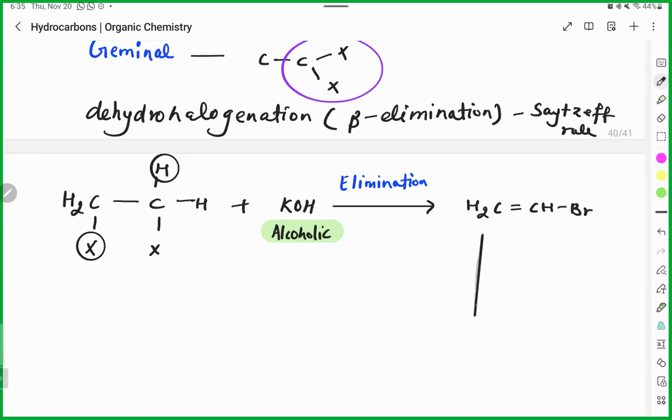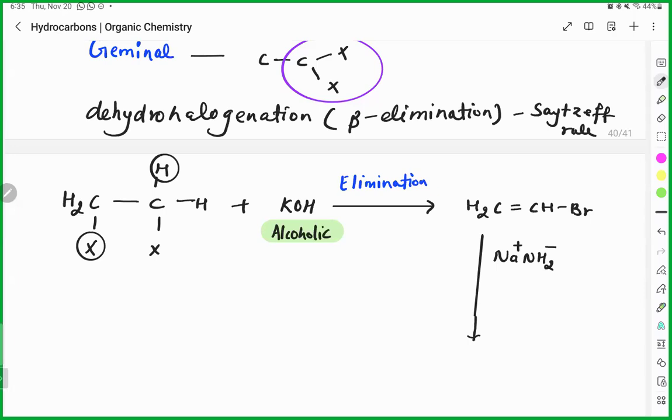Next, if again it reacts with sodium amide, here you have sodium positive, NH2 negative. So what are the possible products, Sania, in this case?